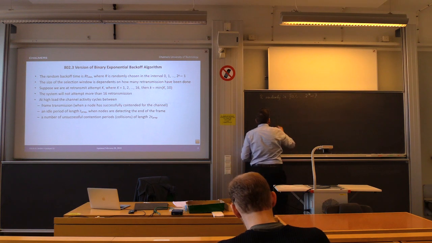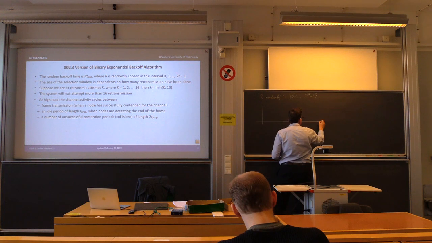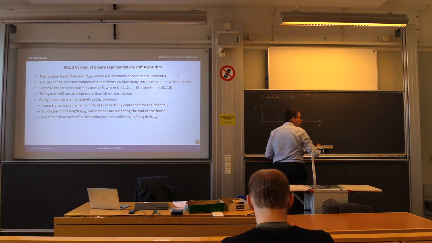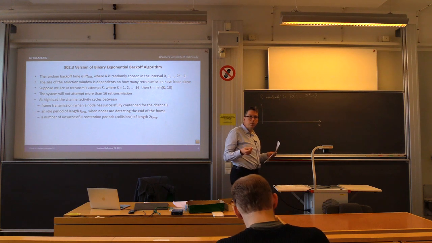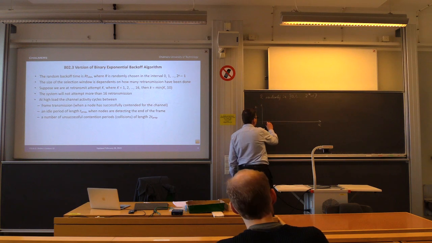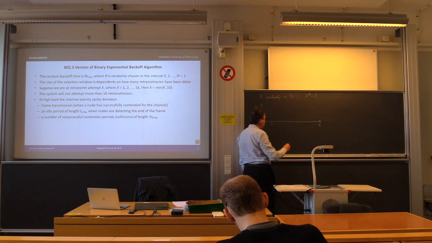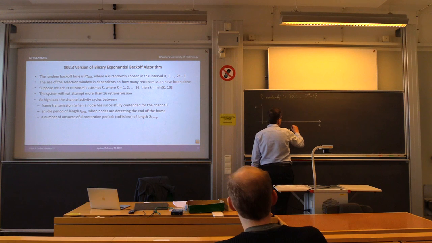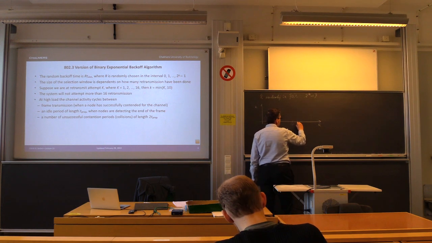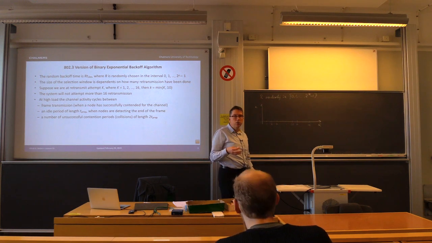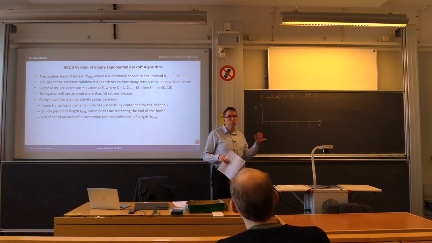So small k here is calculated from capital K, where capital K is the retransmission count. Okay, so either we have our first retransmission, our second retransmission attempt, or the third time we go into backoff, and so forth, right? So you can continue here up to 10. And then we have 11 up to 16 is the last time we try to transmit the frame before we give up.